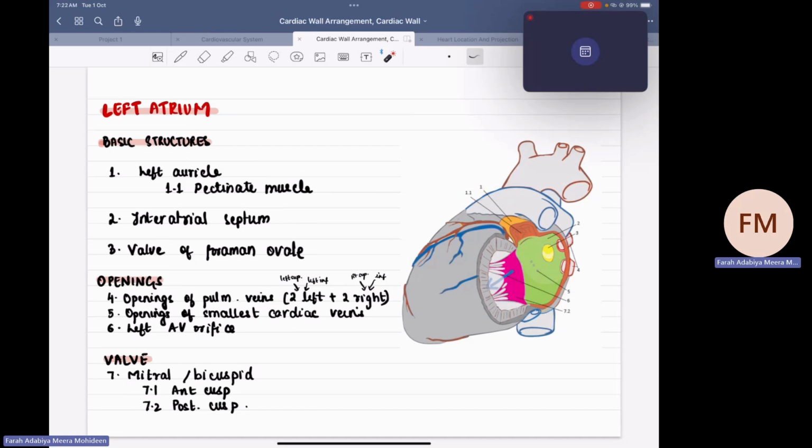It depends on where you're cutting, right? But usually in dissections, you'll be able to see four thin openings. That will be your indication for your left atrium. And when there are two openings from the back, that will be your right atrium because that's your superior and inferior vena cava.